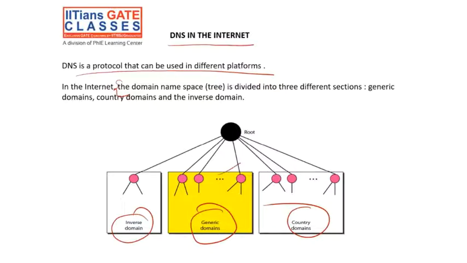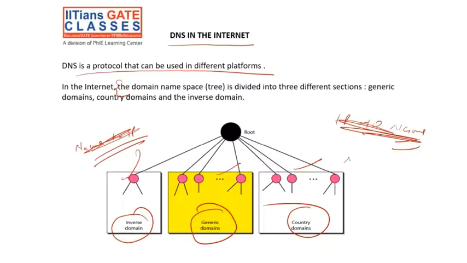The generic domain and country domain are the normal mapping from name to IP, but the inverse domain maps from IP to name.